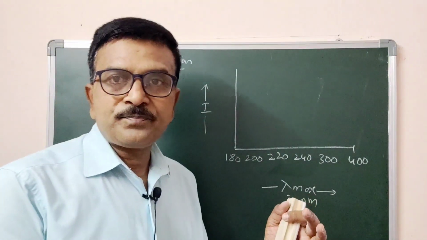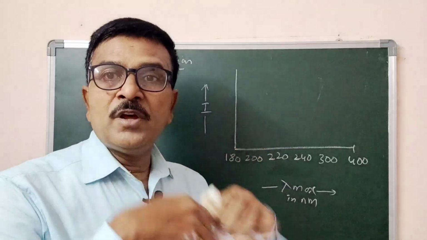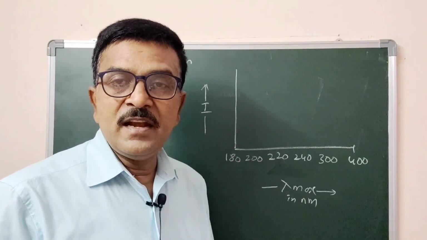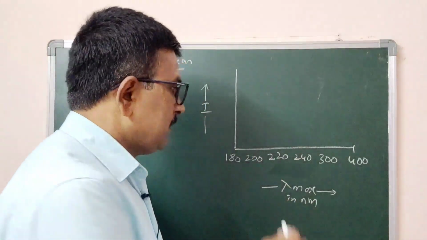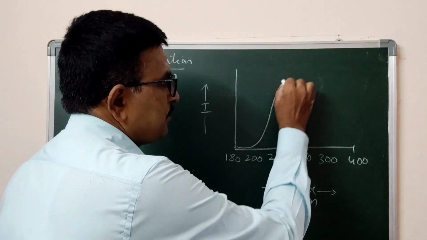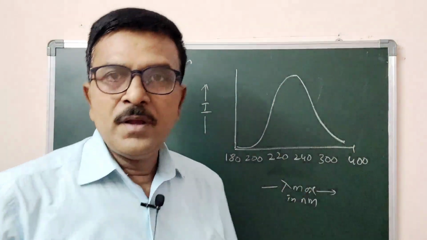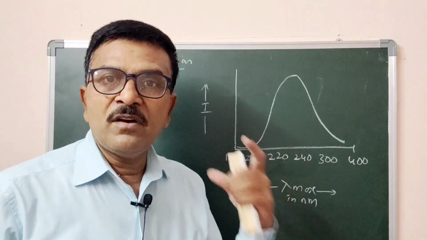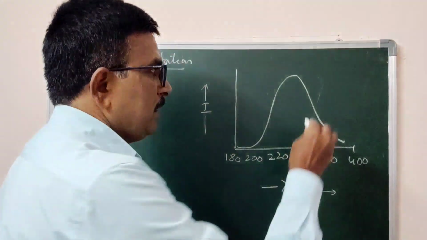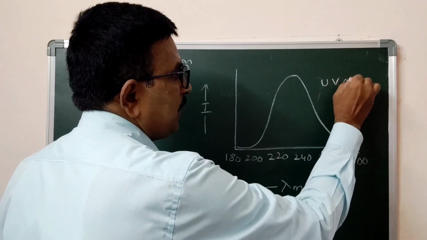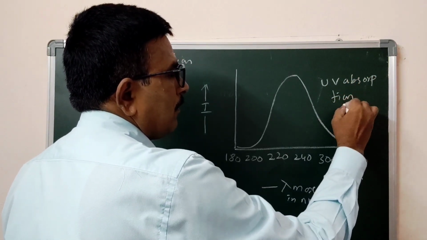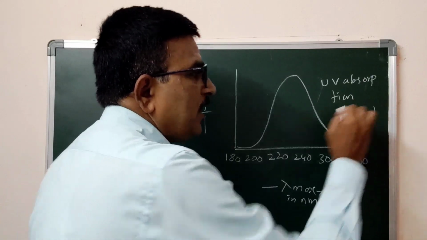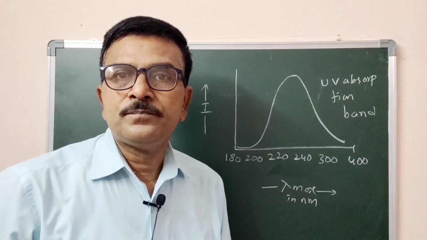So we will get, once the sample absorbs energy from the incident radiation, a band-like absorption, an absorption band like this, called the UV absorption band.